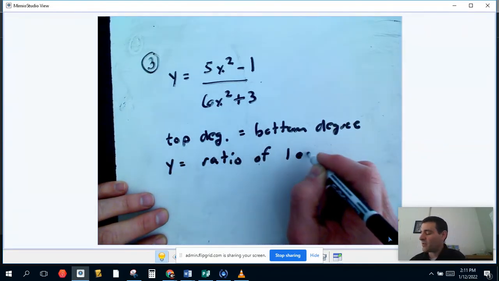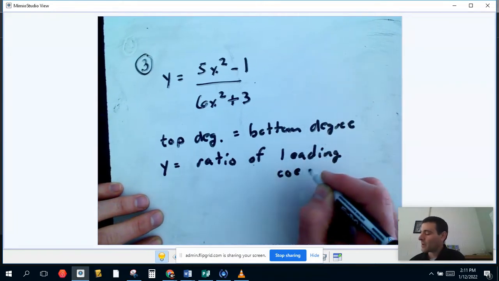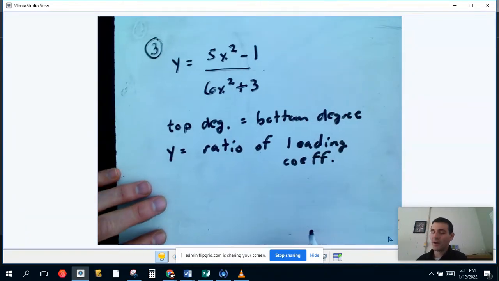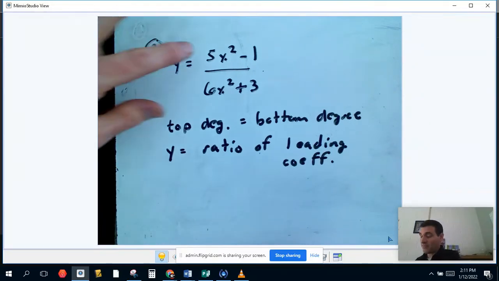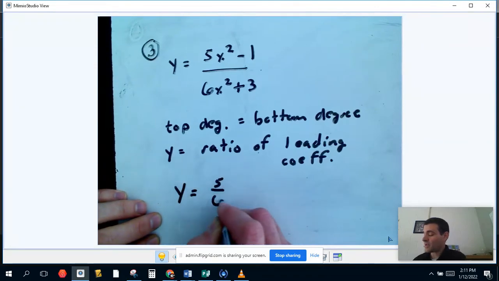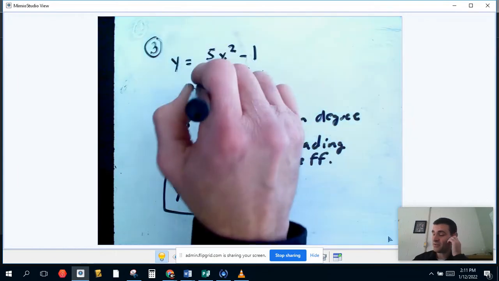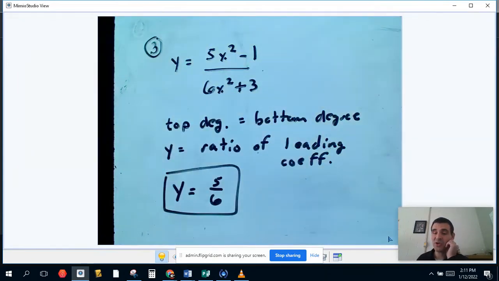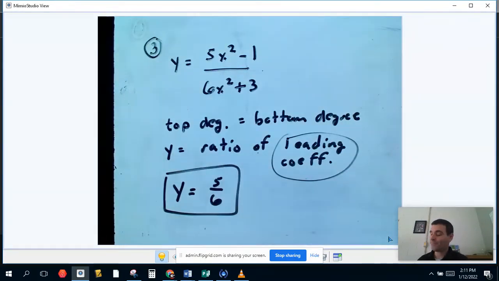If you remember, the leading coefficients are the number in front of the highest power. So here it would be 5 and 6. So your horizontal asymptote in that case would be y equals 5/6. It comes from these two numbers right here. Make sure you are in fact getting the true leading coefficients, because sometimes these are not in order.